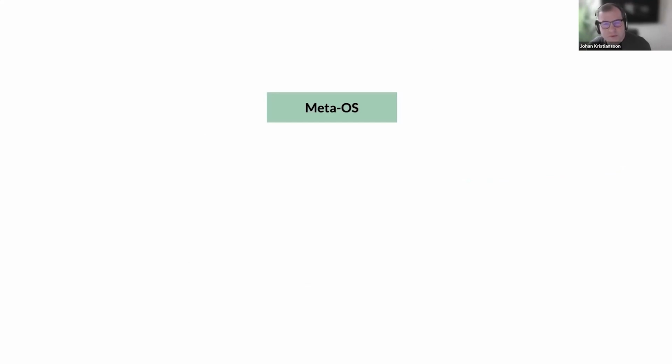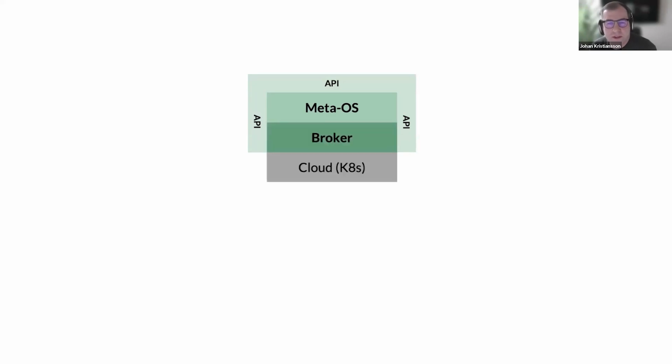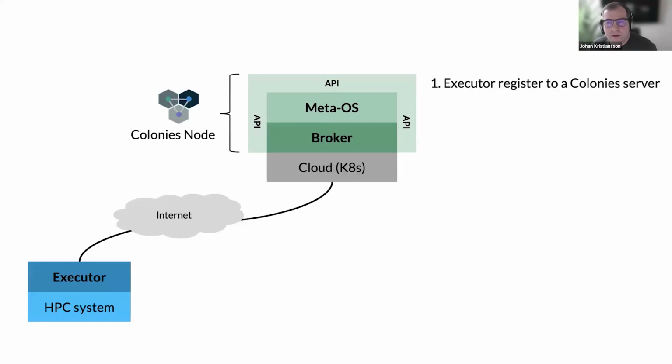So this is how it works. We would have a meta operating system, an API that mimics a real operating system. We have process management, logs and file management, etc. And this will be provided by a Colony node. So the executors register with the broker, the Colony node, and they state their capabilities.